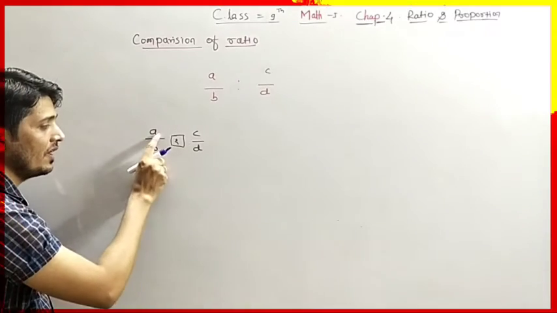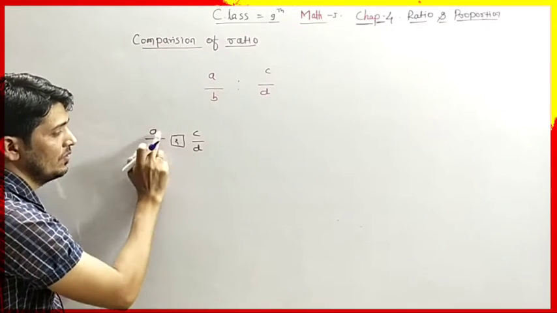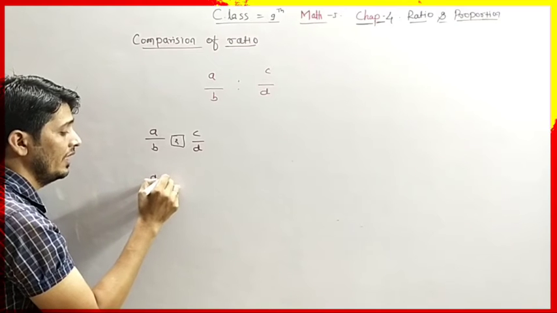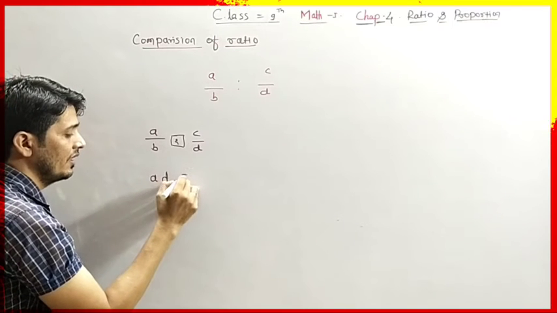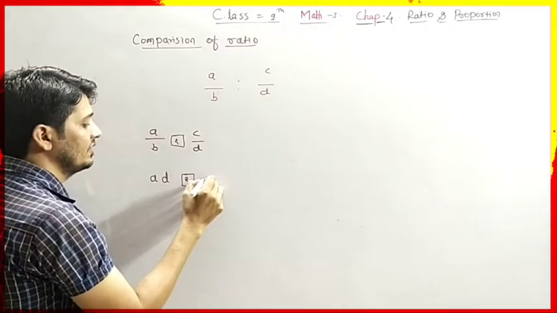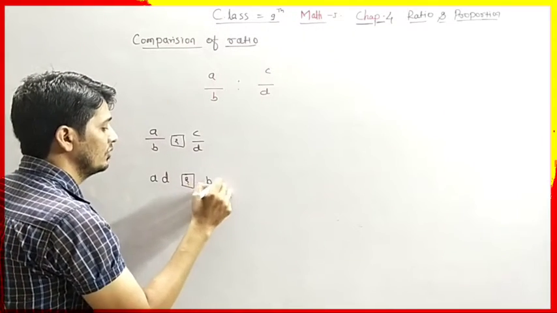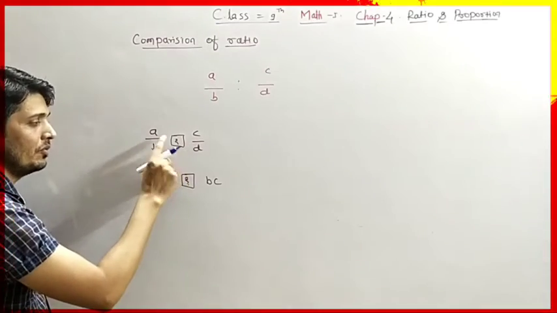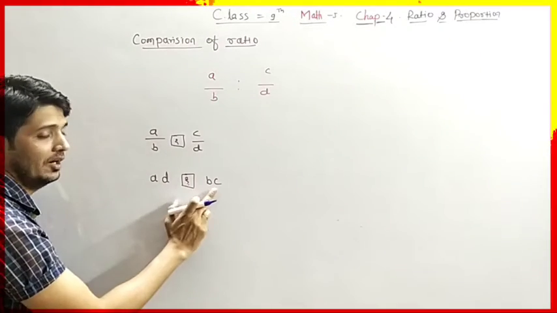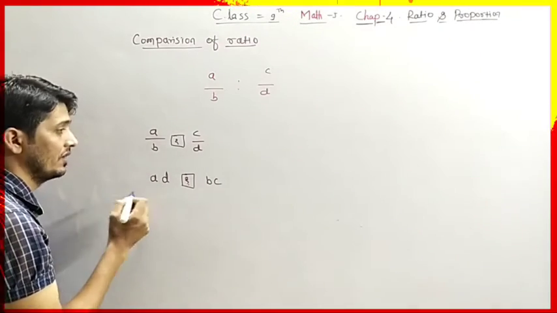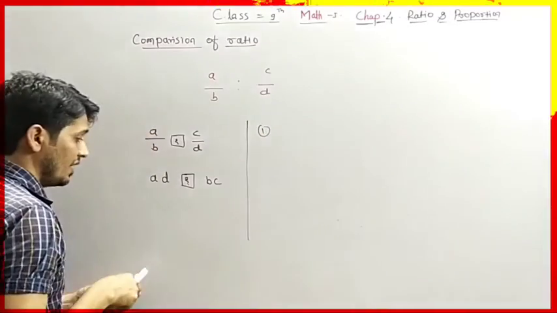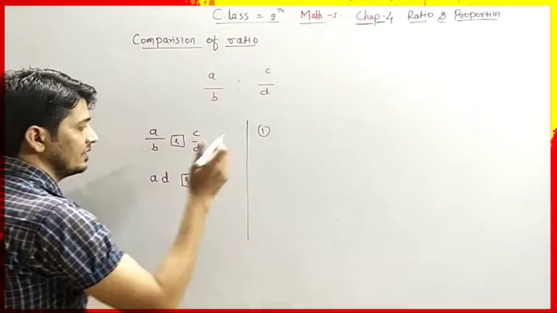Now we cross multiply: D into A is AD, with a question mark, and B into C is BC. If we cross multiply these two ratios and get AD and BC, what is the first condition?